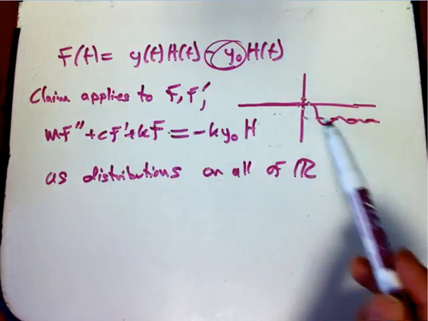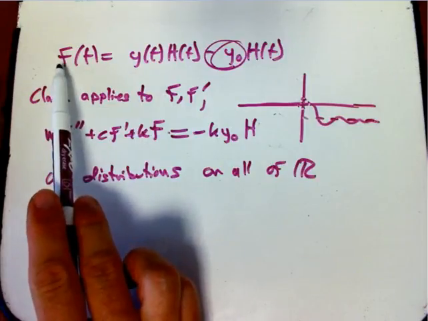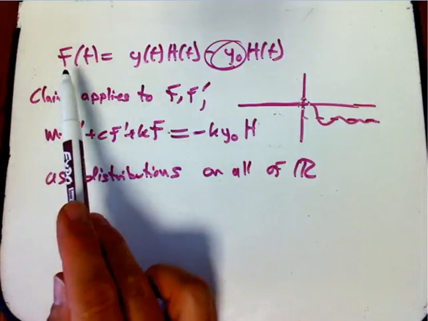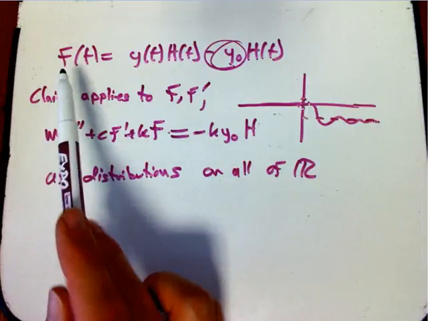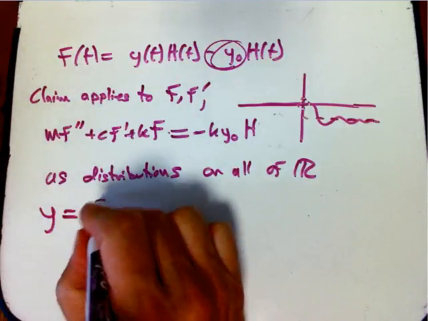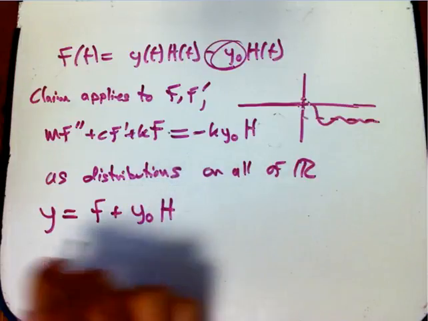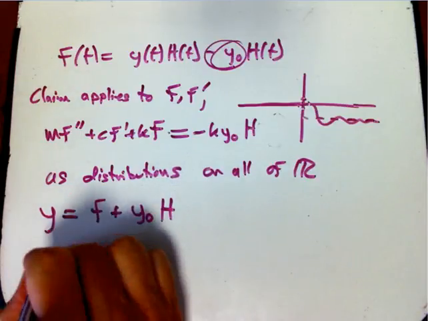That's because we've engineered f to be once differentiable everywhere, and so it can't create deltas even when you get to the second derivative. Okay, now it's a simple calculation. What was y? The thing we actually want is this with the jump put back in as a distribution.